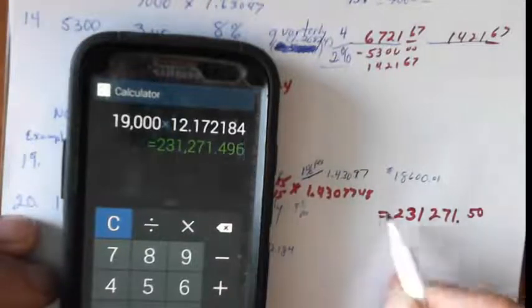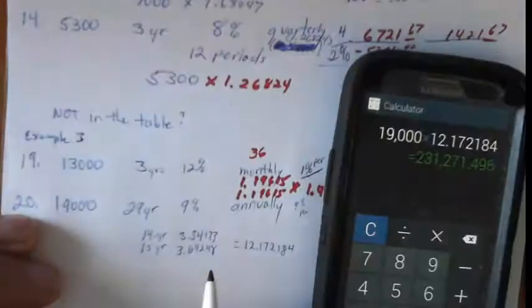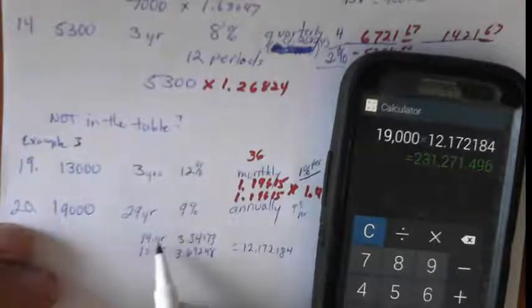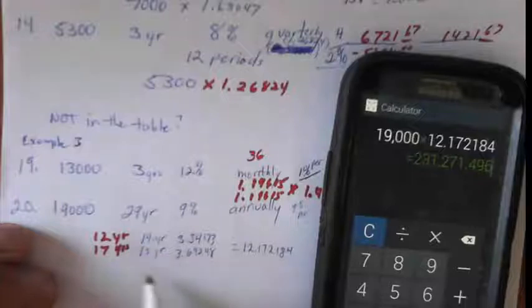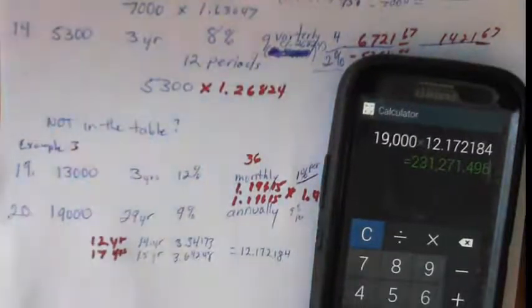Going to round that up. Okay? So again, if you don't have the numbers you need in your table, you can make them by multiplying the two parts to get the whole. Again, the combination doesn't matter. Like you said, you could have took 12 years and 17 to get the 29. Doesn't matter. The answer is going to be the answer. That's the way the table works.